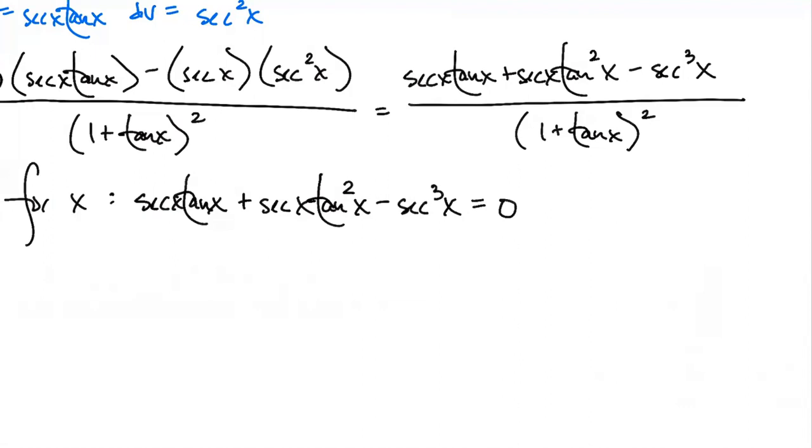One of the Pythagorean identities actually involves secant and tangent, and we can use that identity to simplify this gross looking thing to make it look much nicer. So I'm going to go ahead and factor out a secant from every single term. I get tangent x plus tangent squared x minus secant squared x.